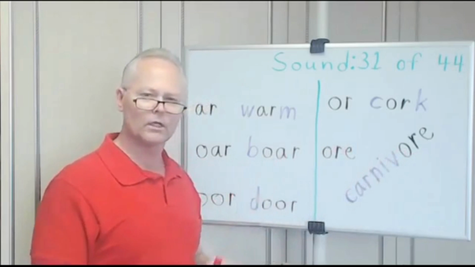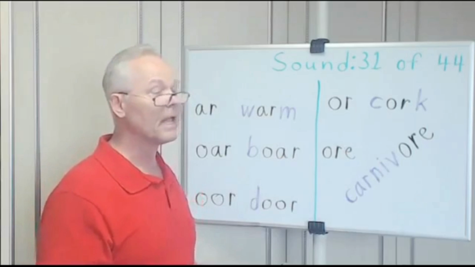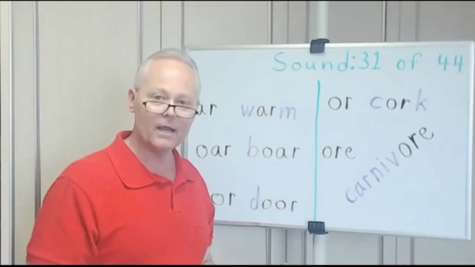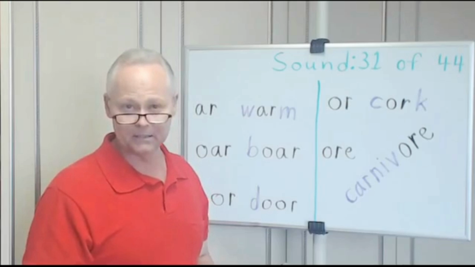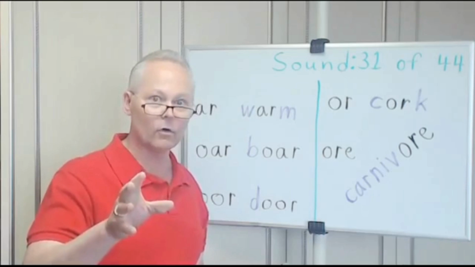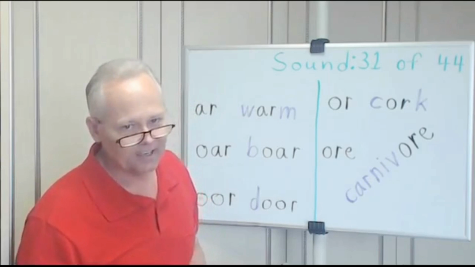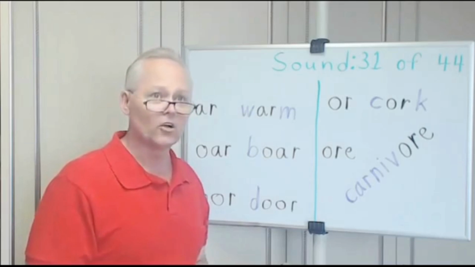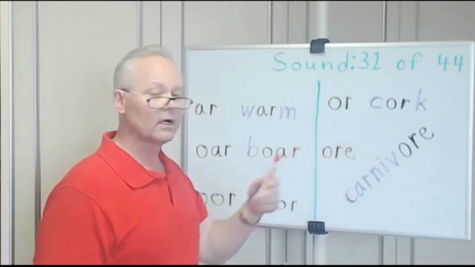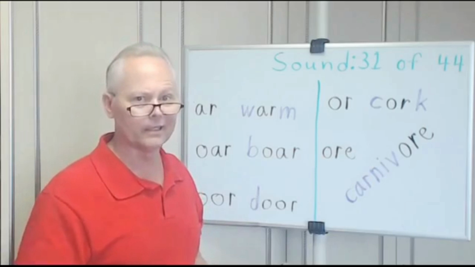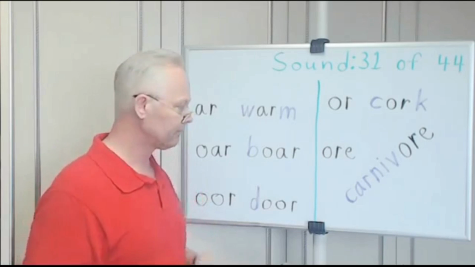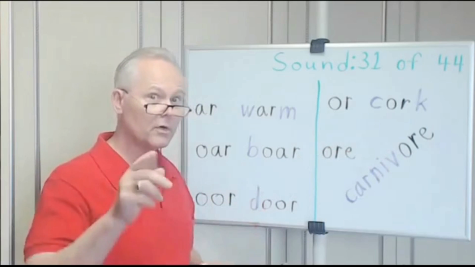Carnivore. What's a carnivore? How about an animal that eats meat? Right? Is a cow a carnivore? No, it's not a carnivore. I believe that would be a herbivore. Carnivore, a meat eater, like a lion, a tiger, a wolf. Carnivore. Are you a carnivore?